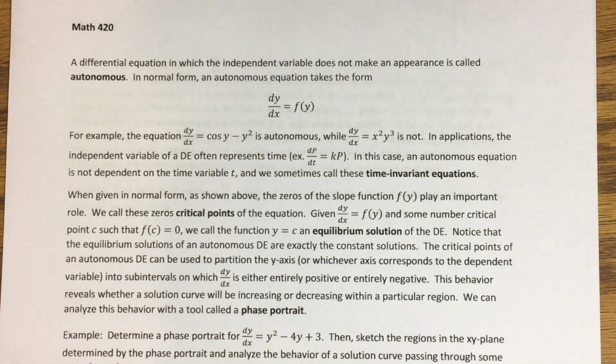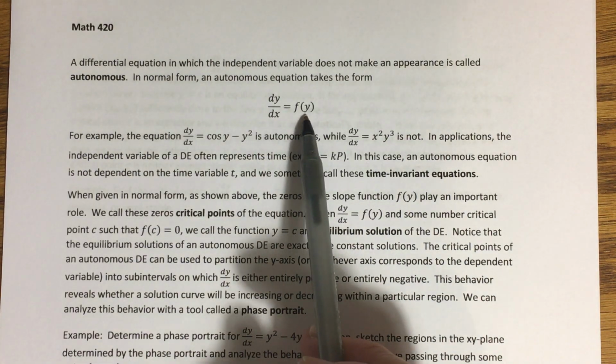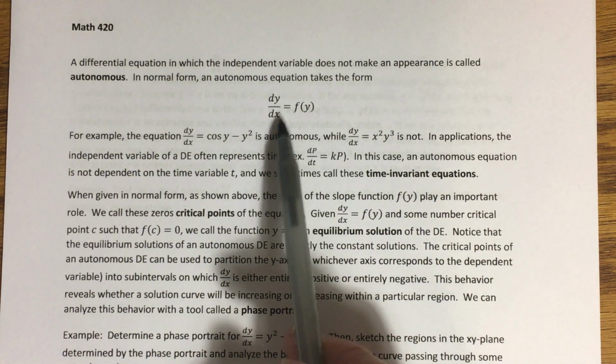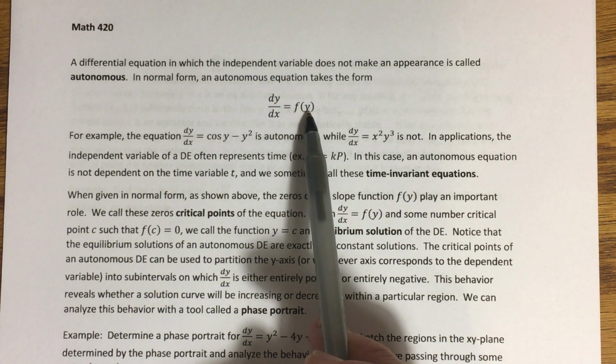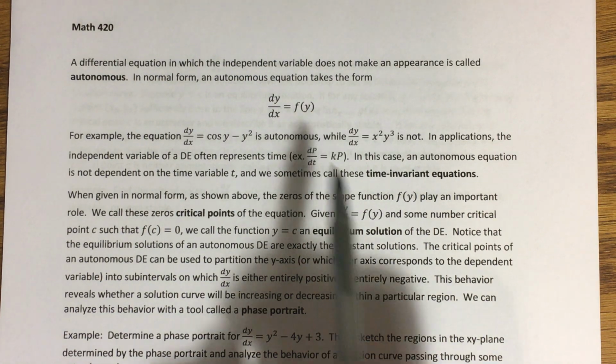A differential equation doesn't have to be first order to be autonomous. There's autonomous second, third, nth order differential equations. And in fact, we can even talk about autonomous systems of differential equations. But in this chapter, we're only going to focus on the first order type. So this is what an autonomous differential equation would look like in normal form. dy dx equals some function of only y, not x and y.